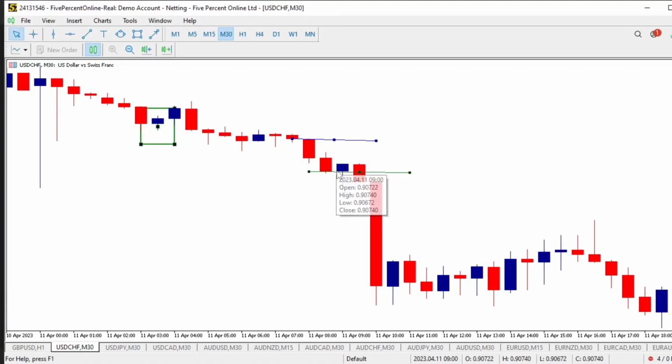This blue candlestick opens at this level, closes above where it opens. This next candlestick opens at the same level where the previous one closed, and also closes below. Now the market opens here and closes below, and this is how the market will keep moving. It closes below, it keeps on going down, it closes above, it keeps on going up.